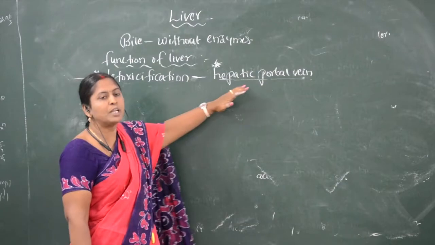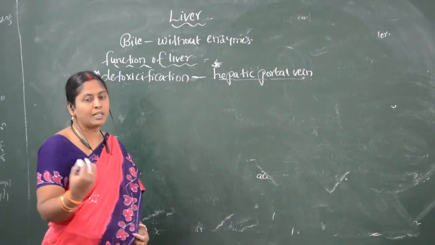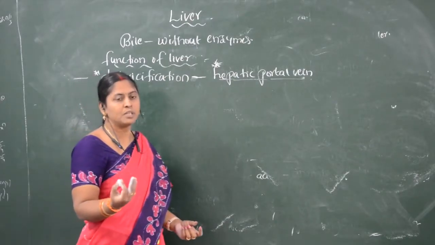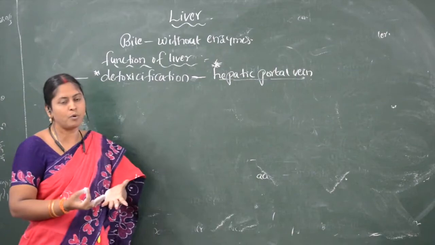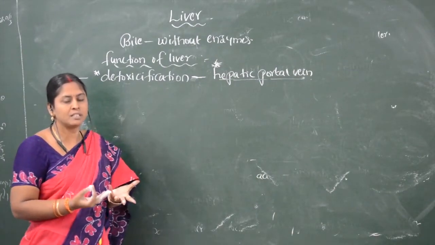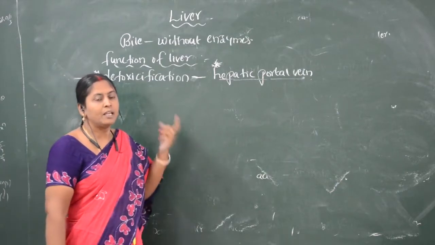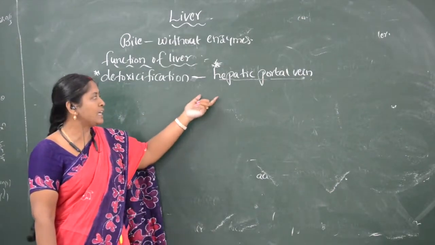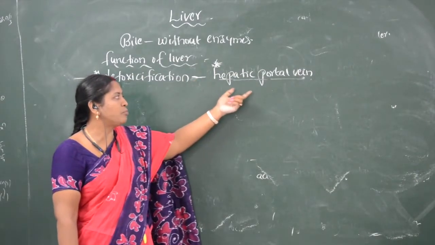If the microorganisms present in the food and water enter the body, we suffer from diseases. So instead of directly entering the blood circulation, from the intestine there is a connection to the liver. That connection is called the hepatic portal vein.